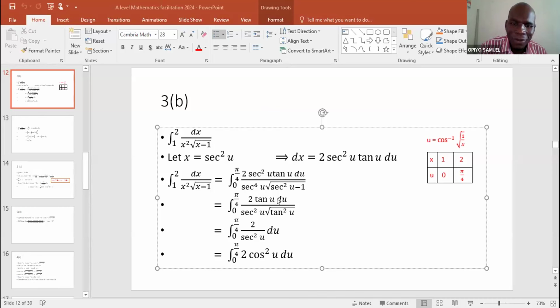For example, when I have this function here, I can let u equal the root of x minus 1. Then when I square both sides, I'll be having u squared equals x minus 1. Then I'll be having u squared plus 1 equals x.